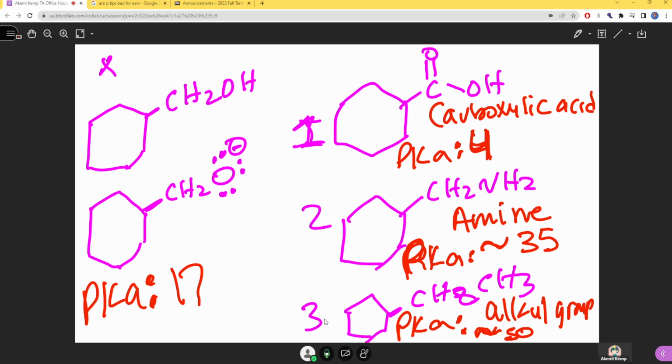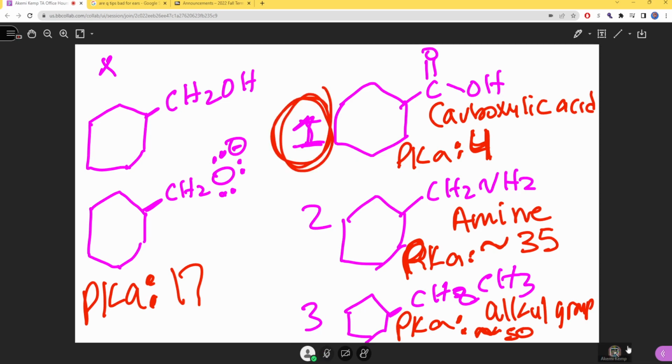So we have the alcohol here. Its pKa is 17. 17 has to be bigger than one of the pKa's of these molecules in order to deprotonate. So which one can this conjugate base of the alcohol deprotonate? Just one.